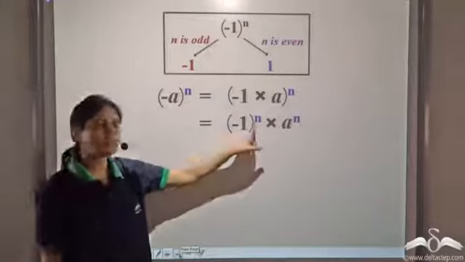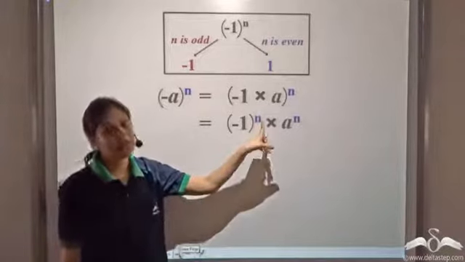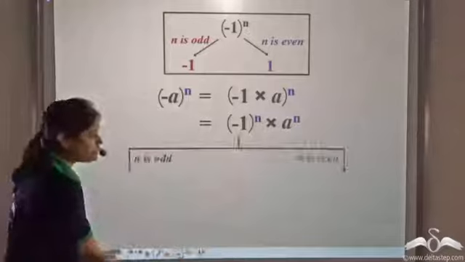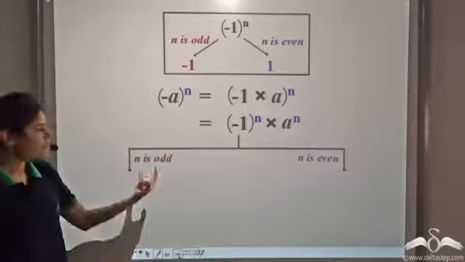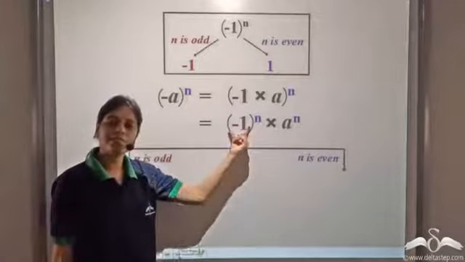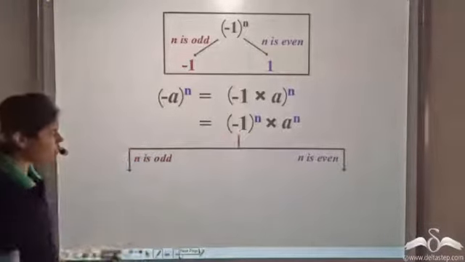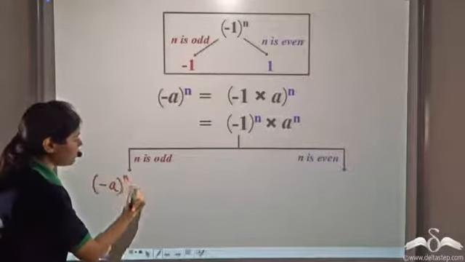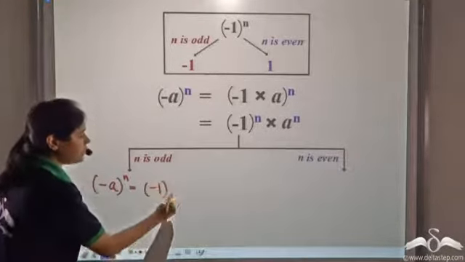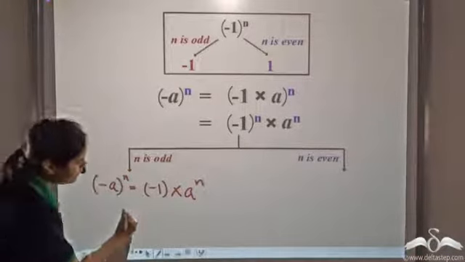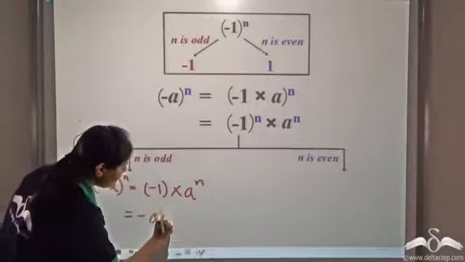Now there are two possibilities for n. Either n will be odd or n will be even. So there are two possibilities. When n is odd, this will be negative 1. So when n is odd, then negative a to the power n will be negative 1 into a to the power n, which is equal to negative a to the power n.